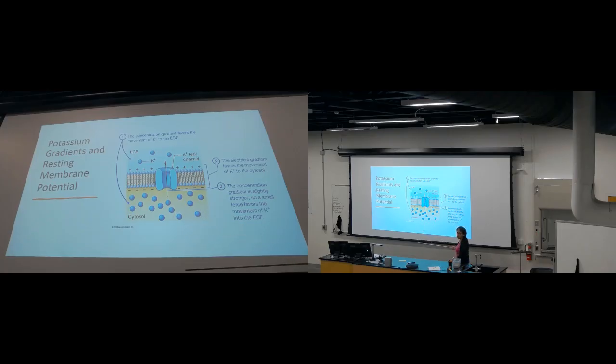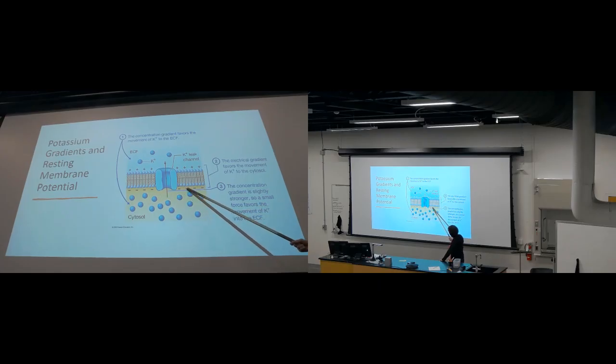Remember that in physiology, items move from more to less, simple diffusion, but we have this exchange of potassium ions between the extracellular fluid and the cytosol. And then you have something called electrochemical gradient. By having negative charges inside your cytosol, positive ions like potassium are attracted to be inside the cells.